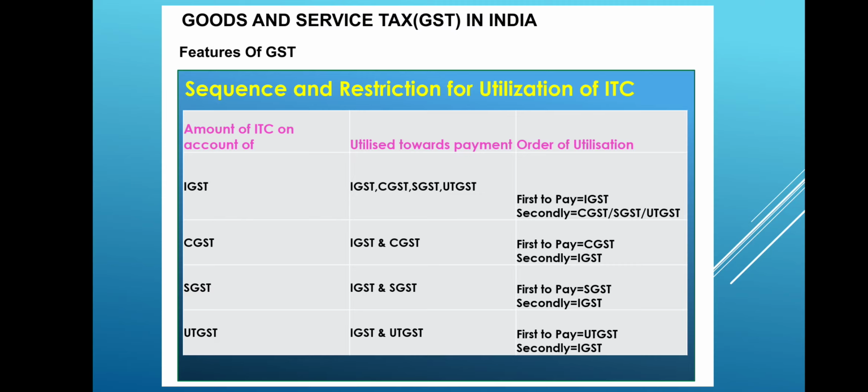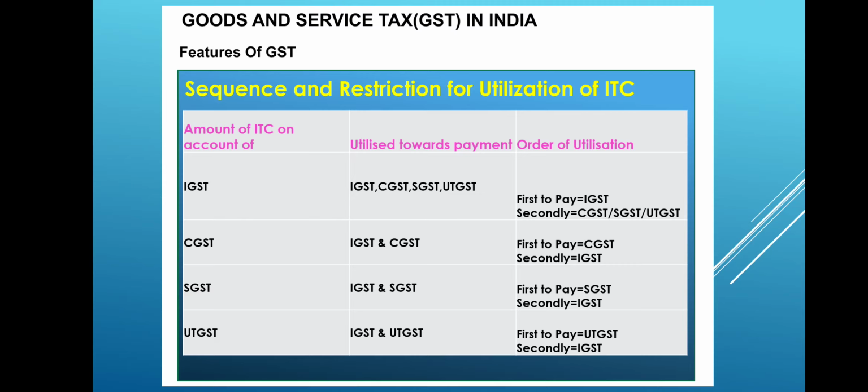Number 1 is IGST. If we have a credit of IGST, then we have to utilize this balance towards first IGST, then CGST, then SGST and UTGST. That means if we have a balance of IGST, we can utilize it towards these 4 GST, that is IGST, CGST, SGST and UTGST.